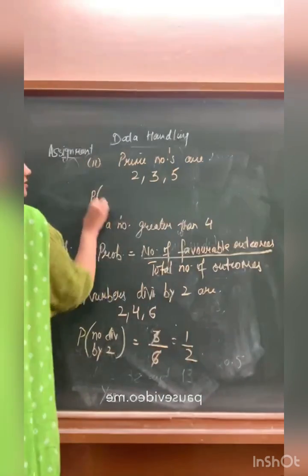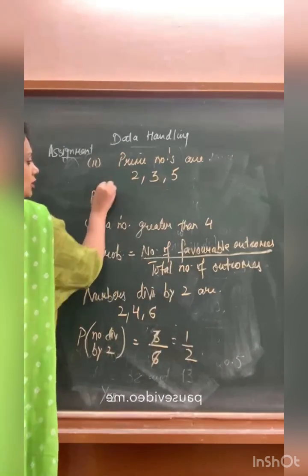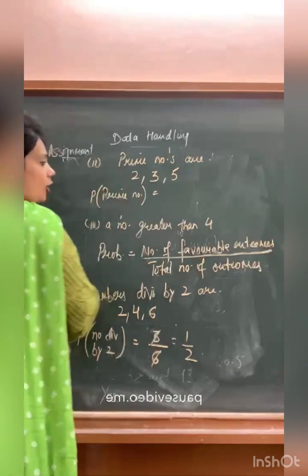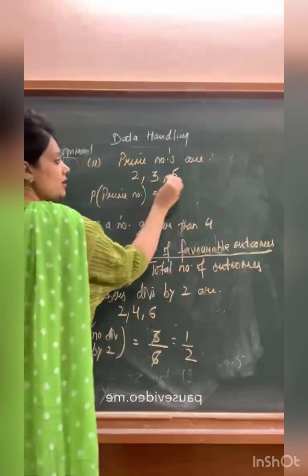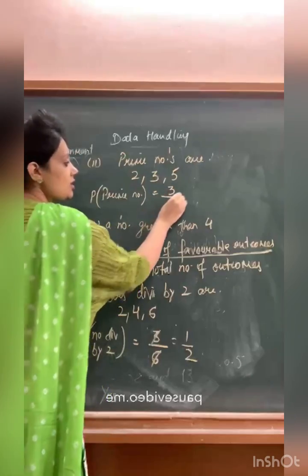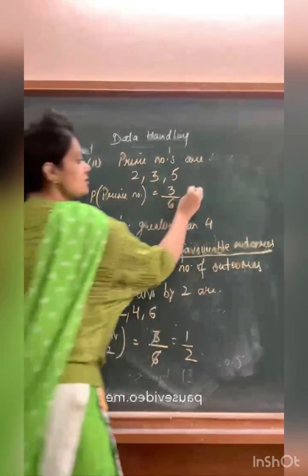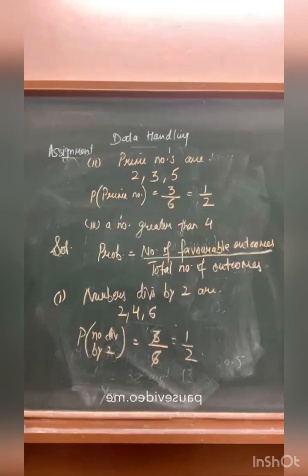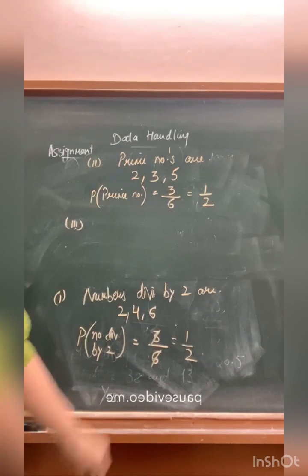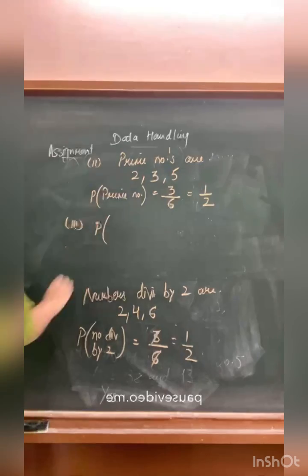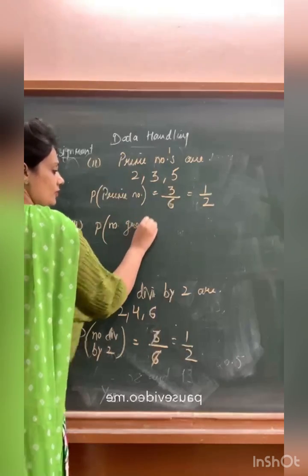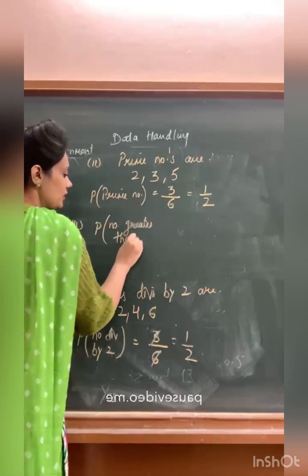Now we have to answer the probability. Probability of prime number is, how many prime numbers are there? 1, 2 and 3. And how many total? 6. So the answer is 1 by 2. Now the third part is we have to tell the probability of number greater than 4.